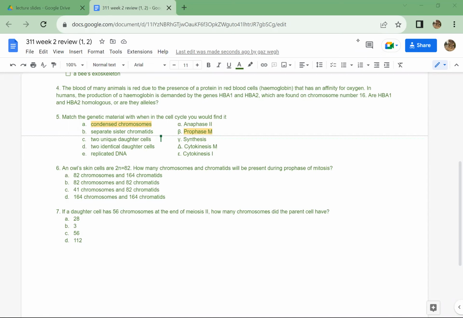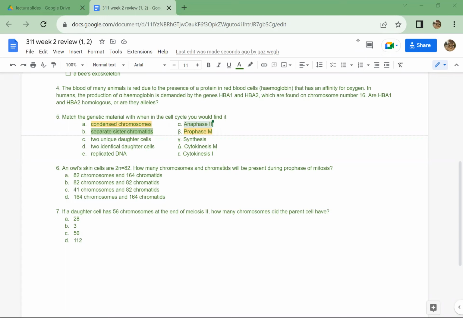When do we separate our sister chromatids from each other? Anaphase. We separate our sister chromatids from each other in anaphase of mitosis, exactly. I had a little sneaky, tricky question there.